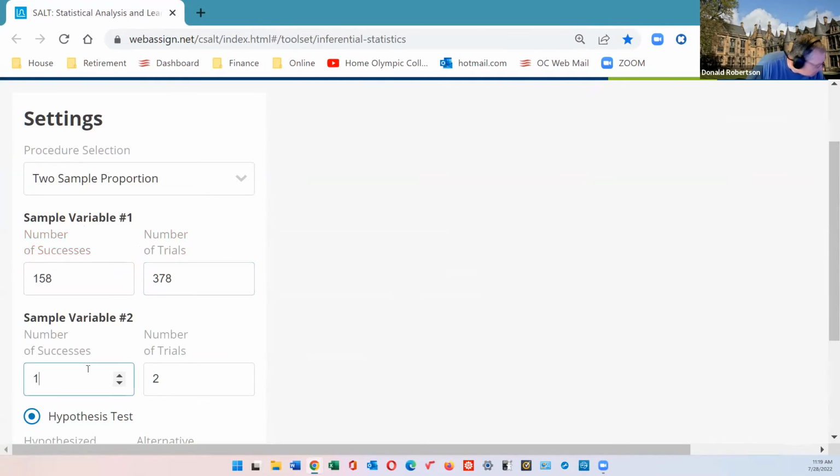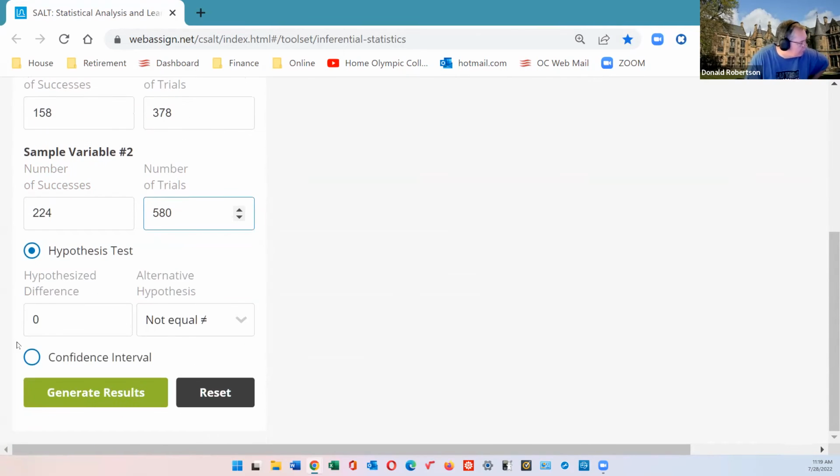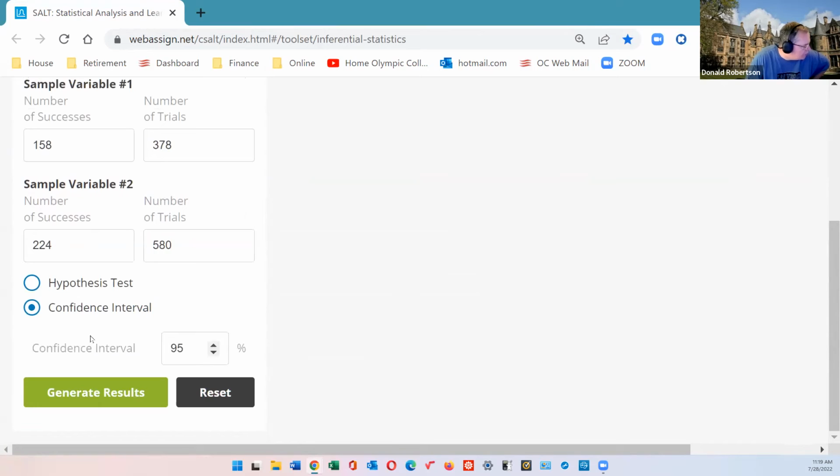And the second one was 224 out of 580. And we're just going to calculate a confidence interval. Let's say it's 95. I guess I should check. It was 99. Okay, well, let's say it's 99.